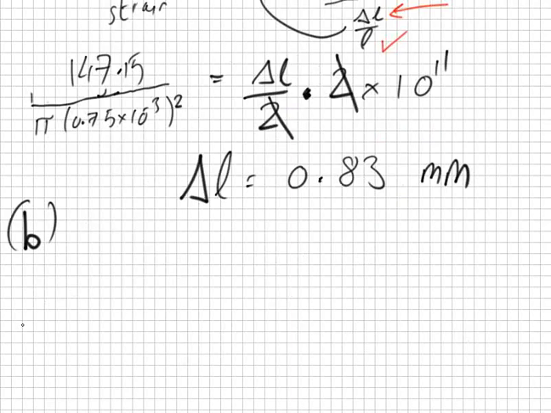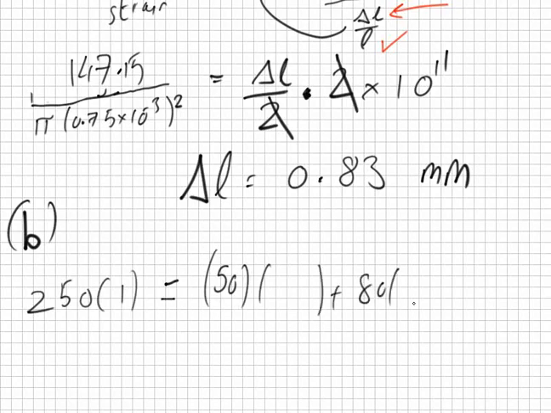Clockwise. No, anti-clockwise. So it's 250 times 1. And then what about the other three forces? They're all clockwise. So we have the weight, which is 50 times its distance, plus 80 times its distance, plus x times its distance.